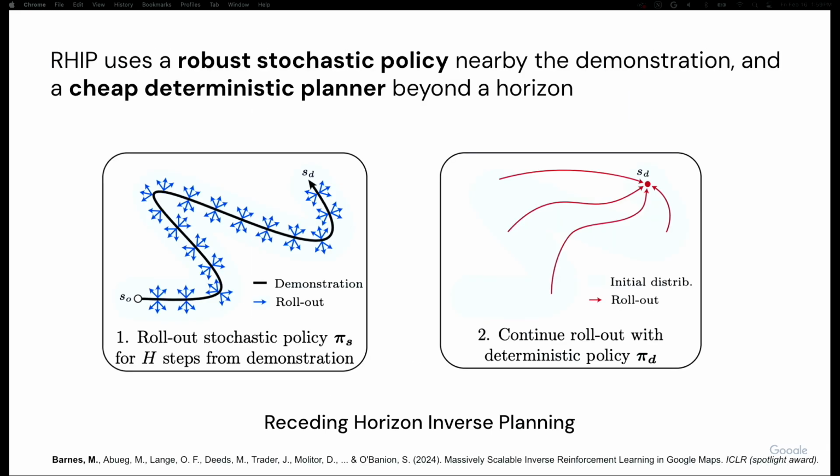So what RHIP does is that we use the more expensive stochastic planner in regions close to the demonstration, and then we switch to the cheaper deterministic planner beyond some horizon. On one extreme, by using a horizon of 0, RHIP reduces to MMP or LEARCH. And at the other extreme, using a horizon of infinity, it just reduces to maxent. And then by adjusting this horizon, we can interpolate between these algorithms and find a performance sweet spot.